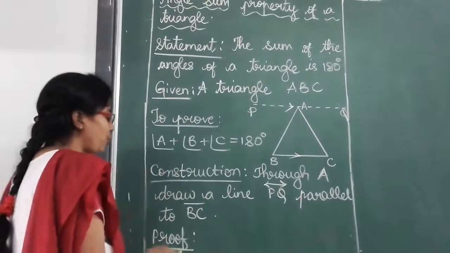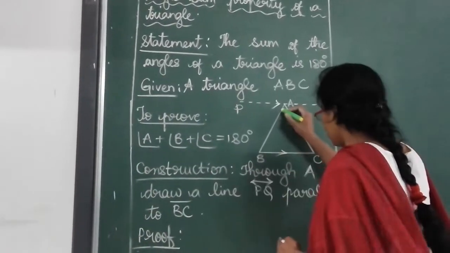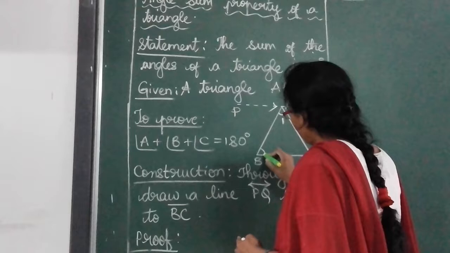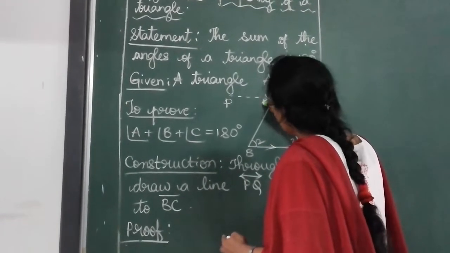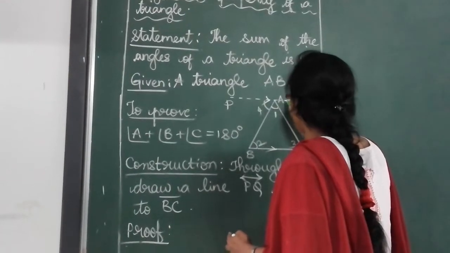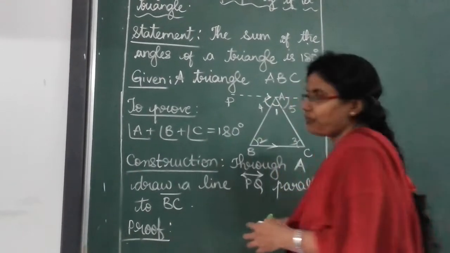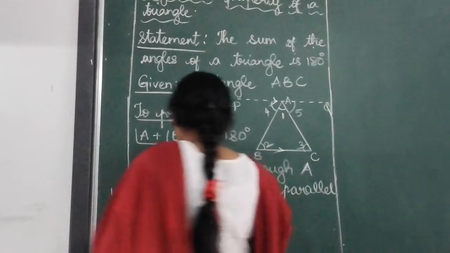Now what we are going to do is, we are going to mark the angles. This is angle 1, this is angle 2 and this is angle 3. Now this angle, I mark it as 4, this angle I take it as 5. So what did we do?